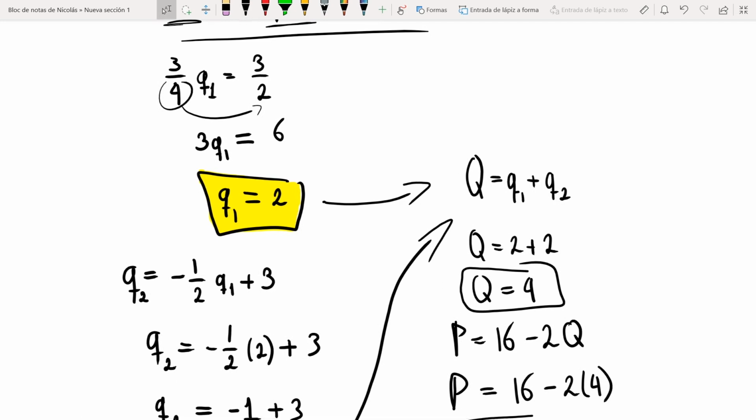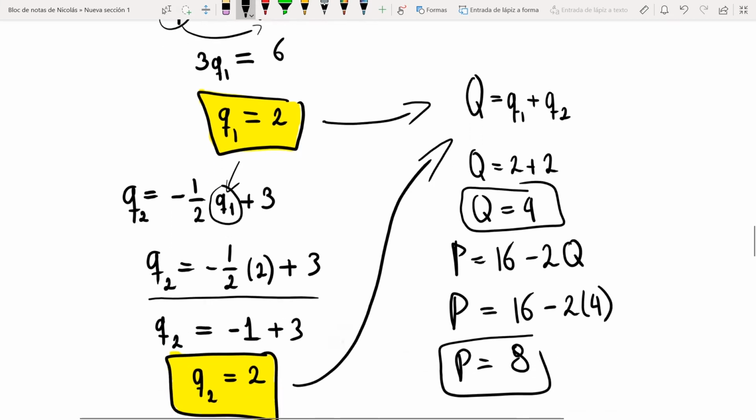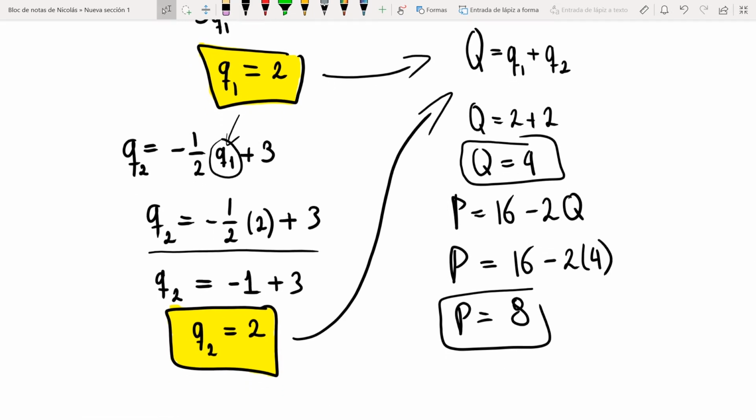Now that we have quantity 1, we can replace it in the best reaction curve of Airbus. So we can replace it right here like this. We just multiply. We know that minus 1/2 times 2 is minus 1, and we just add 3. We know that quantity 2 is 2.